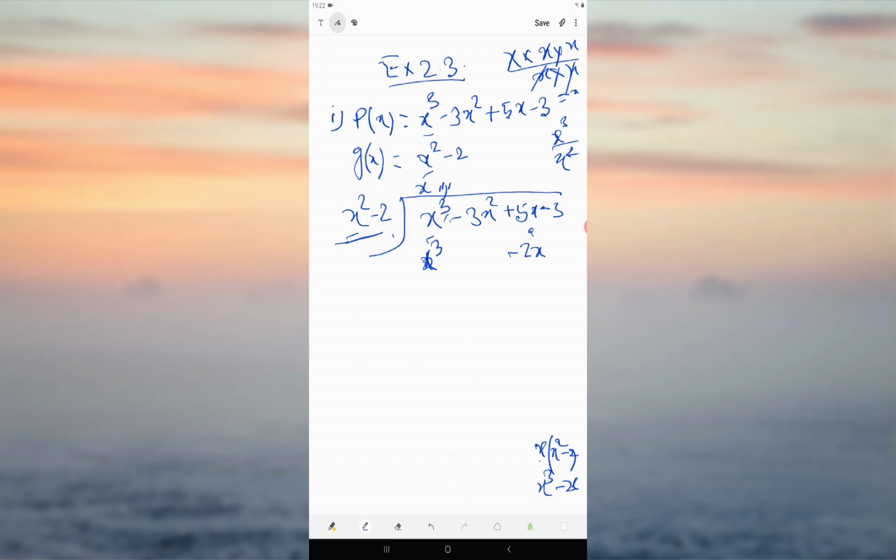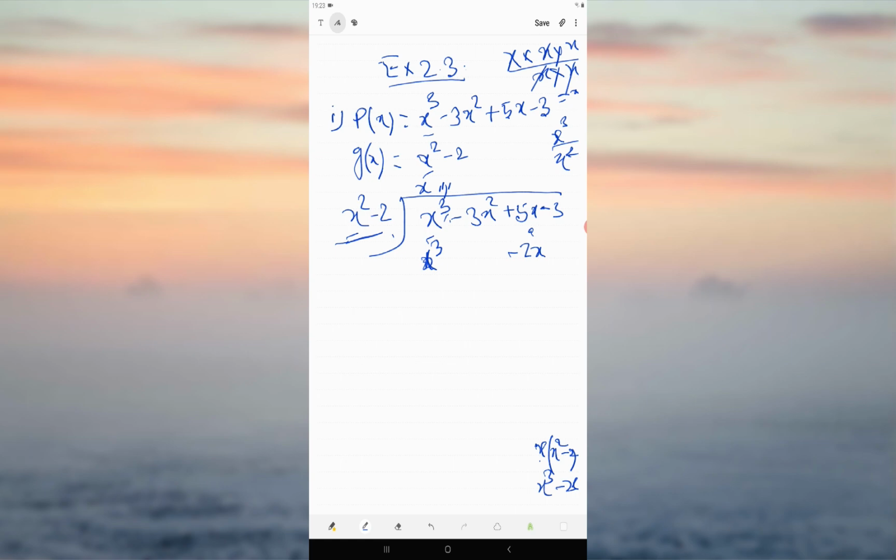In 3x square the power is x to the power 2, but in the case of 2x, the power is 1. But 5x and 2x both have x with a power of 1. So always write the same power near each other. If there is a gap, it's okay, there is no issue with it.